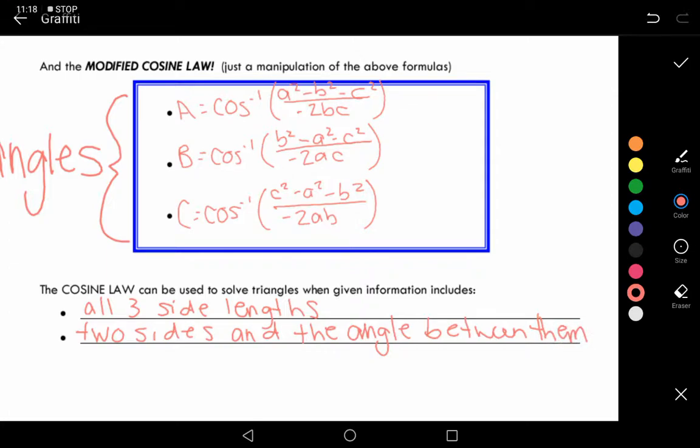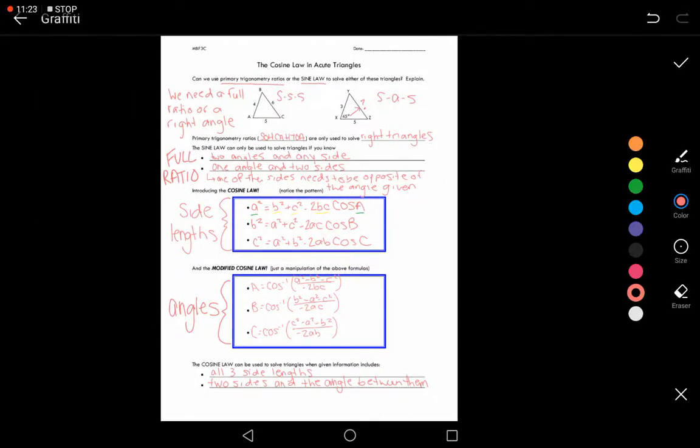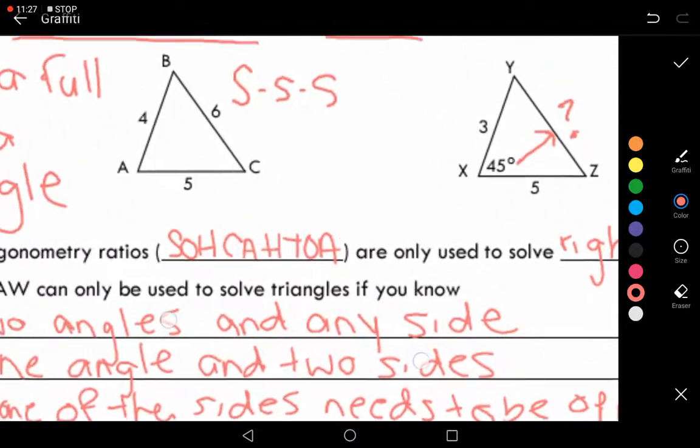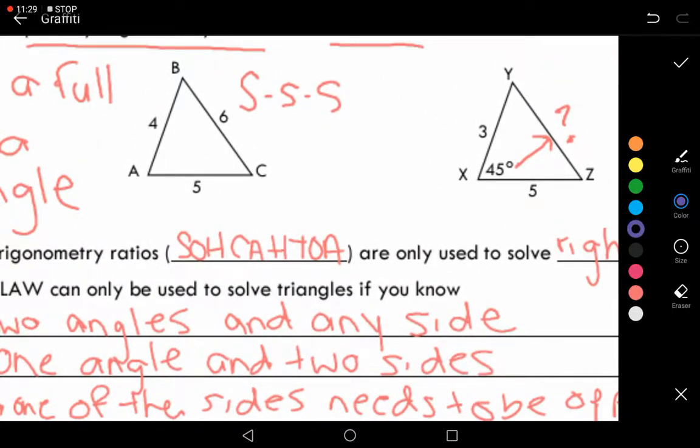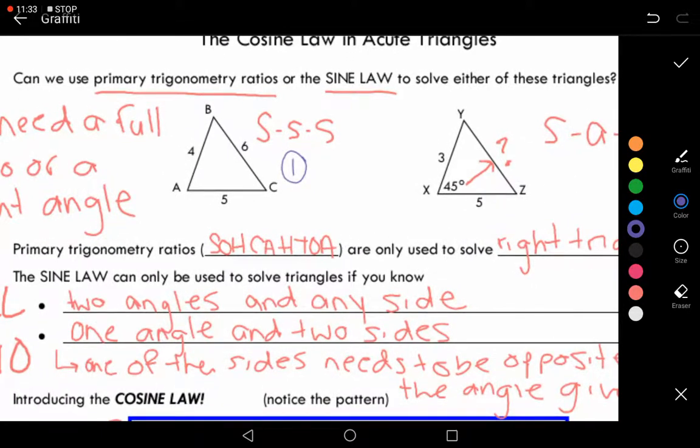Actually, I don't have to draw you a picture because if we look back at the top of our note, this first triangle, ABC, is situation 1 from below, where we have all three side lengths. This triangle XYZ, we have those two side lengths and the angle between them. So that's situation 2 that we just talked about.